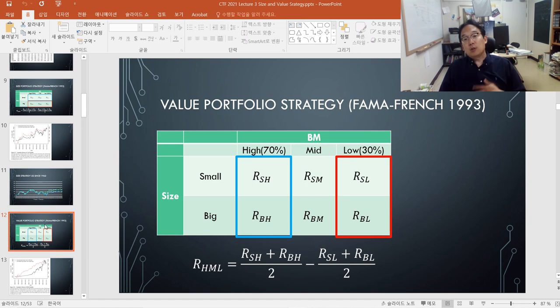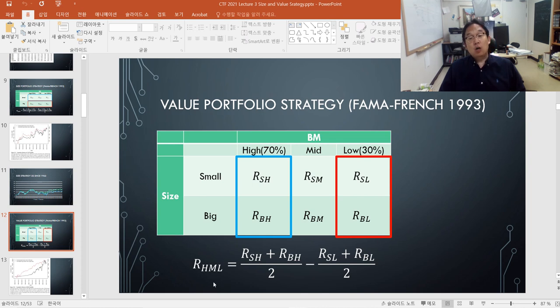And the value portfolio strategy, how does that work? These 2 portfolios, small high and big high, that's the value portfolio, a simple average of these 2. And then low book to market, which is growth stocks, small growth and big growth, and a simple average of these 2. Take the difference of it.